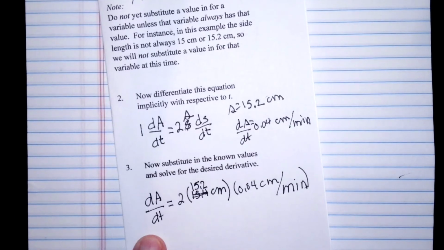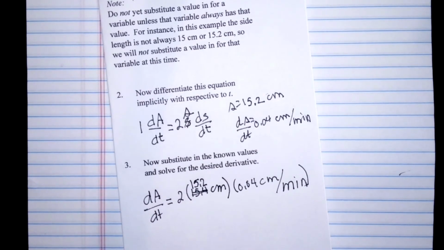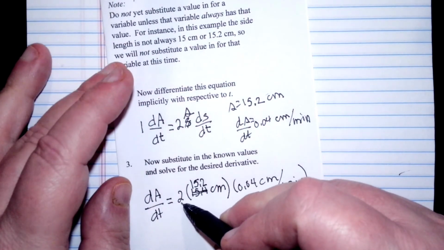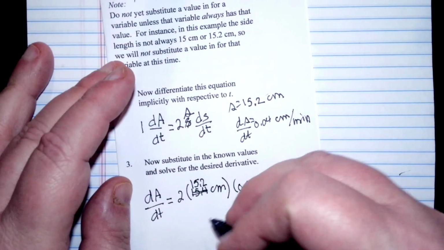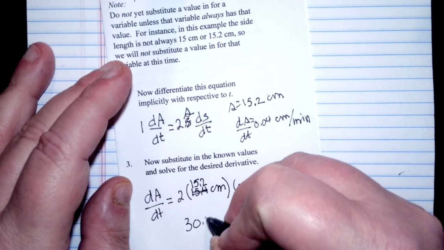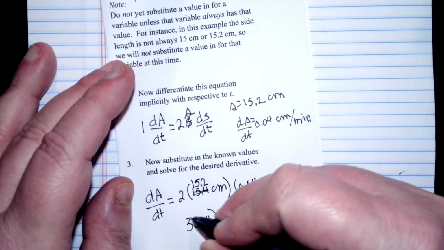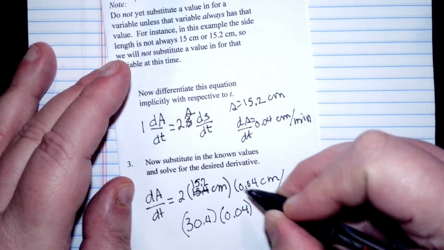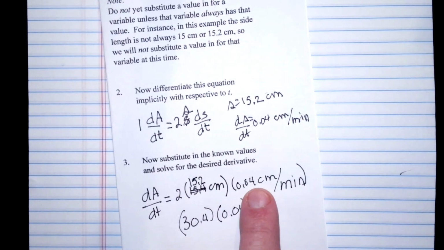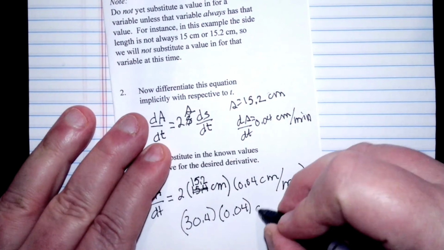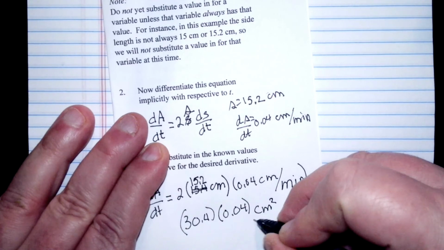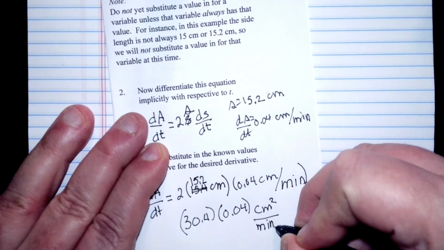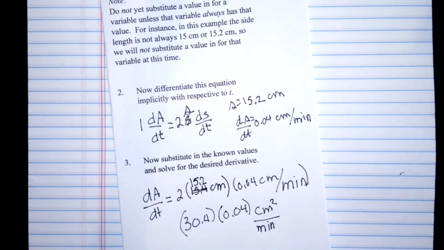So, all we have to do now is multiply and make sure we've got the right units. So let's see. 2 times 15.2 would be 30.4, and then we need to multiply that by 0.04, and we've got centimeters times centimeters, that's square centimeters, and then that's over minutes. So the area is going to be growing a certain number of square centimeters per minute.